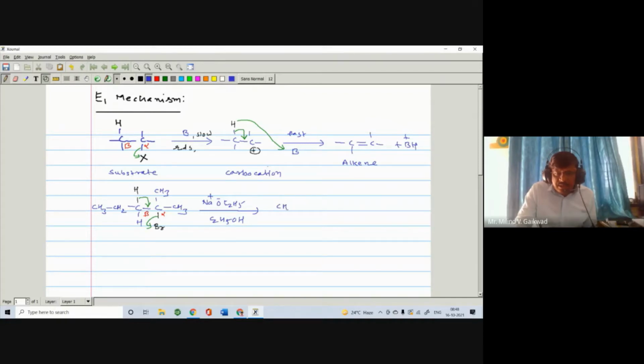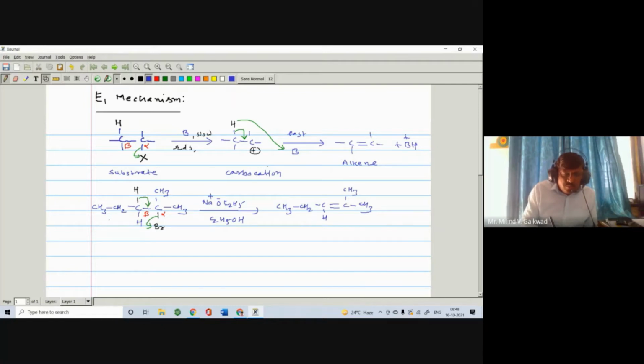So here you are getting CH3, CH2, CH, with formation of a double bond. Here is the CH3, and also here is the CH3. So there are three alkyl groups directly attached to the doubly bonded carbon atom. So it is a trialkyl substituted alkene. So you can write the corresponding name also. Here how many carbons are there? 1, 2, 3, 4, 5 means pentane, and at 2 there is a bromine, at 2 there is a methyl.